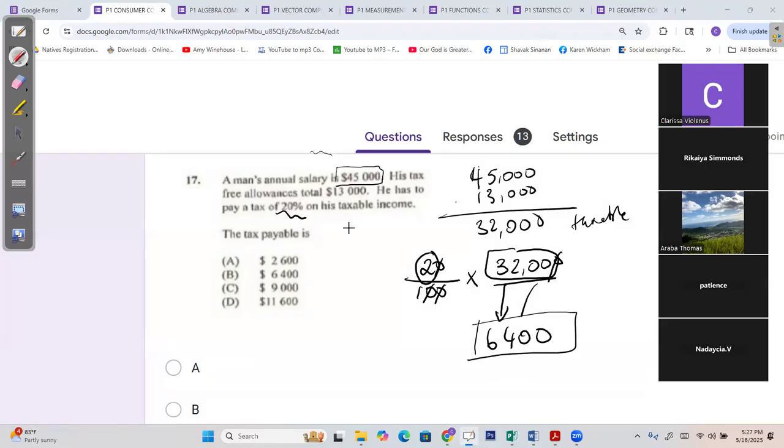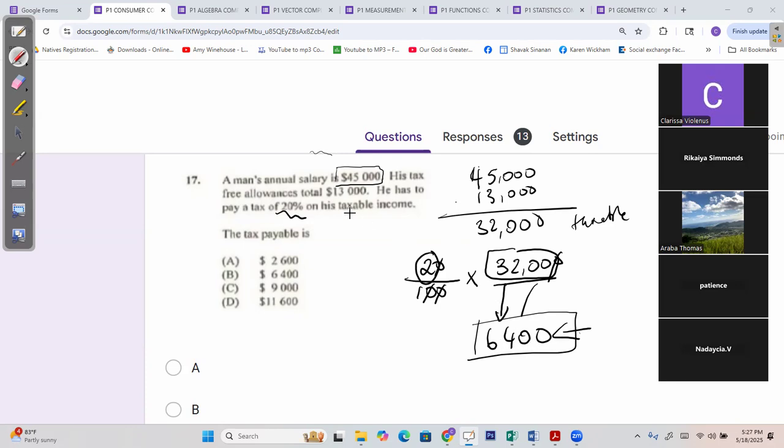Now, I'm going to tell you something. This question has come in a different way. This exact same question has come in different ways. Sometimes it is asked how much he is left over with after his tax comes out. What do you think you have to do? Which number do you think? Obviously, this is what's going to be coming out. Which number do you think you need to subtract this from?